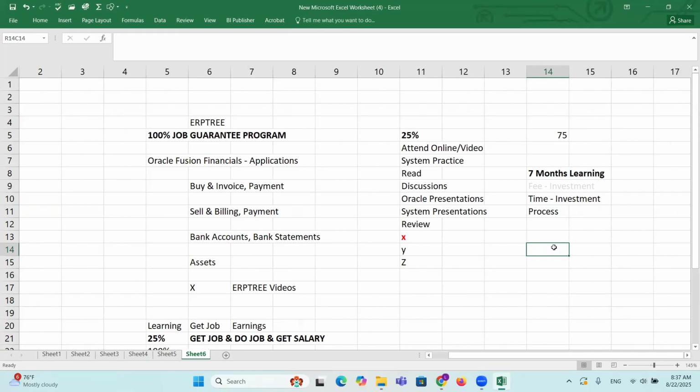In this program, we always recommend spending 12 hours per day. If not possible, at least 10 hours per day. Worst case, 8 hours per day. After learning this Oracle Fusion Financials as a part of the 100% job guarantee program, most of the people are claiming years of experience and getting jobs without any support from anyone.